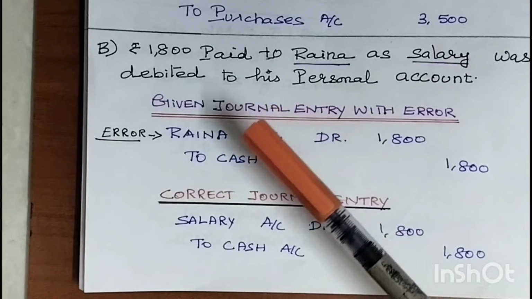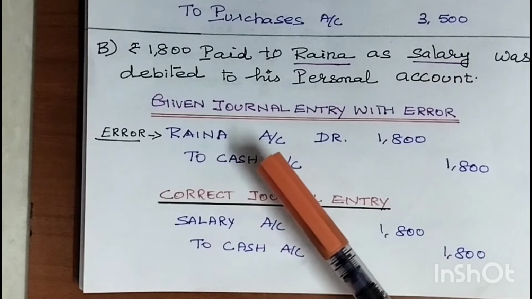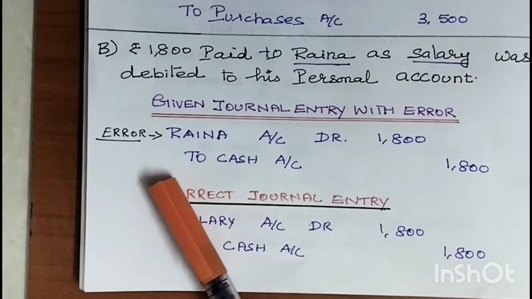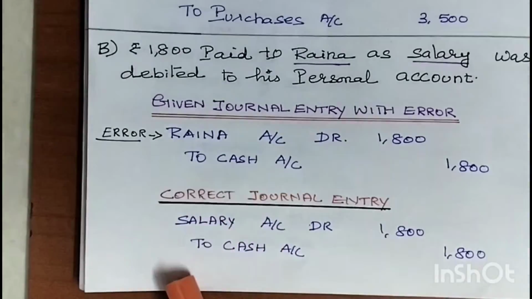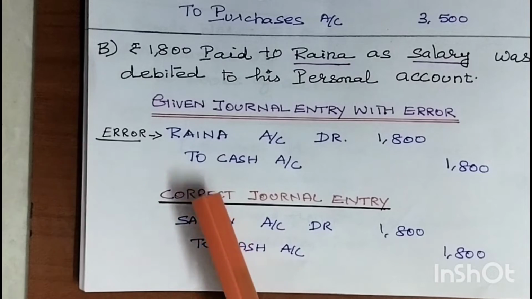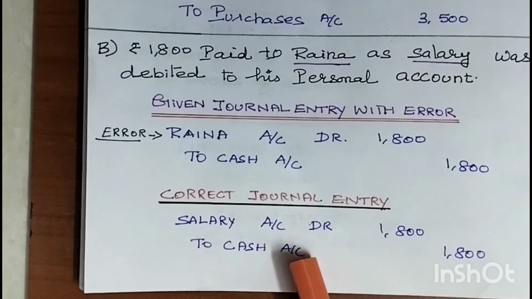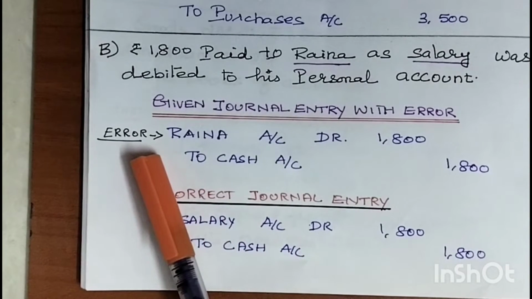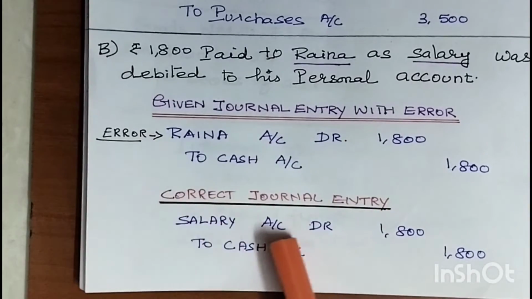First we take the credit side. Credit side they given to cash account. We passed to cash account. So cash account is to be credited. So on credit side there is no error. Which side has the error? Of course, correct. Debit side has the error.